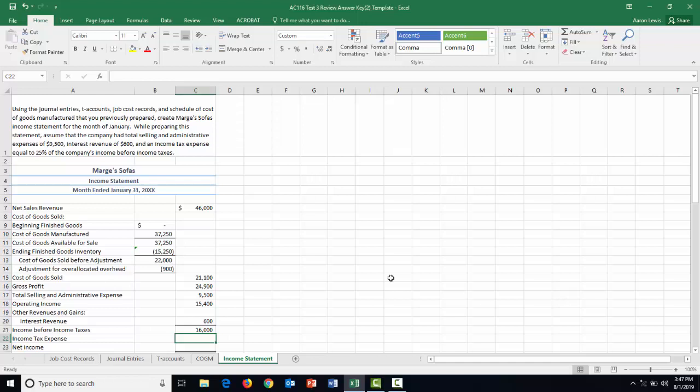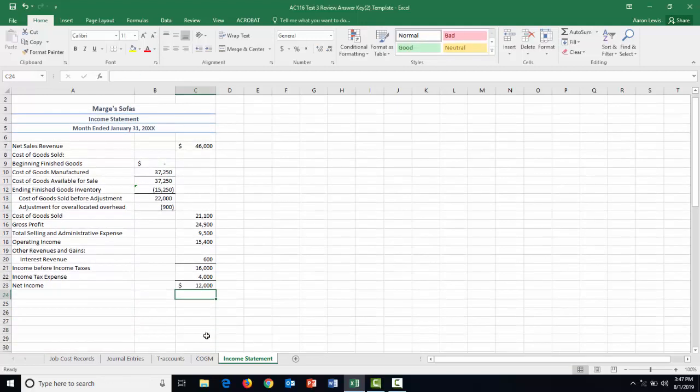To figure out how much we pay in taxes, we simply take that taxable income, our income before income taxes, and we multiply it by our tax rate. And our tax rate given in the information is 25%, which means we're paying $4,000 in taxes. So if we had $16,000 in income, but we had to pay $4,000 in taxes, that means that we had $12,000 in net income for the period.